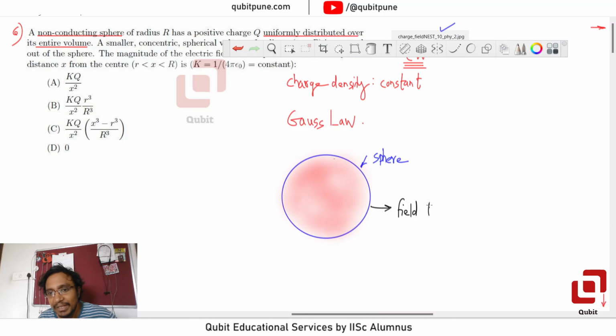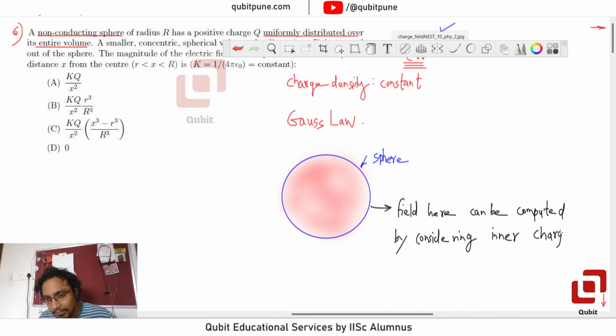Okay, field here can be computed by considering inner charge, because it is uniformly distributed. ठीक है?